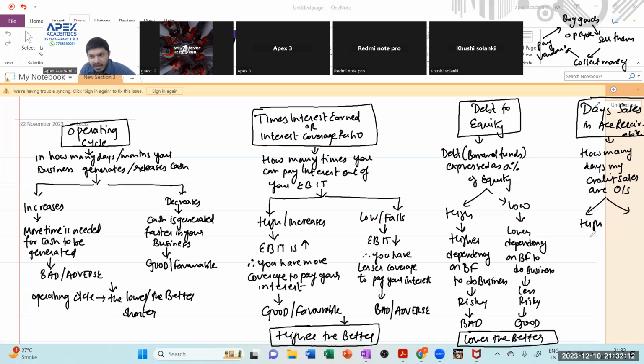If this is high, it shows you more time to collect cash from debtors. This is bad. And if this is low, it shows you shorter time to collect cash from debtors.